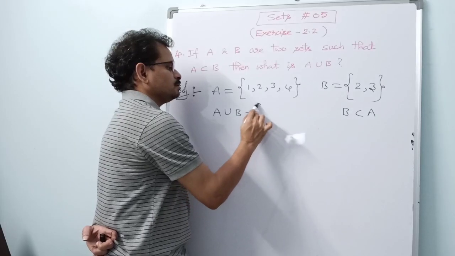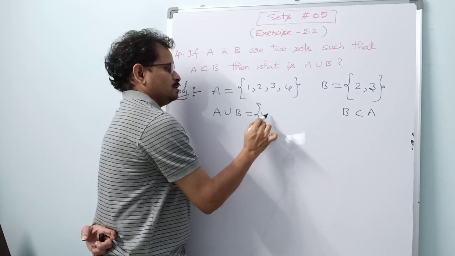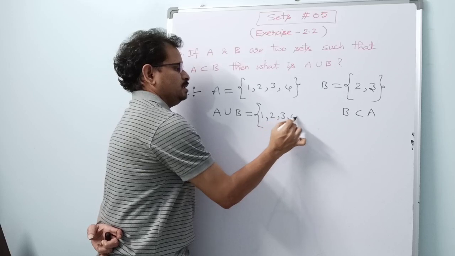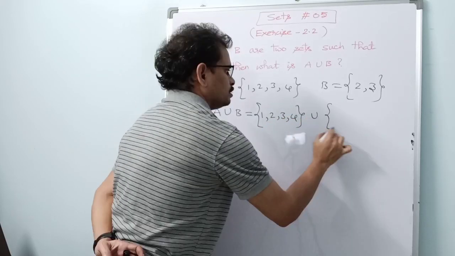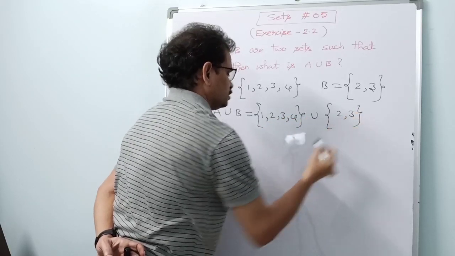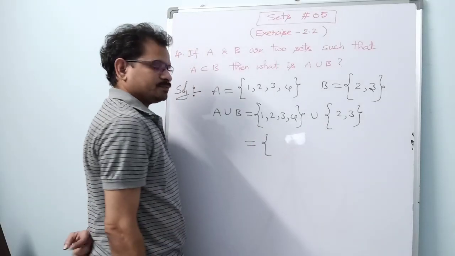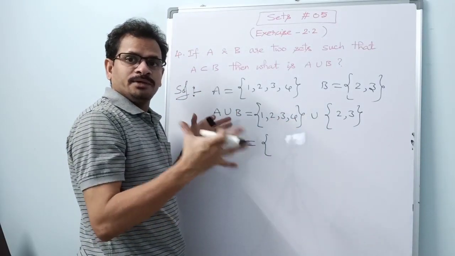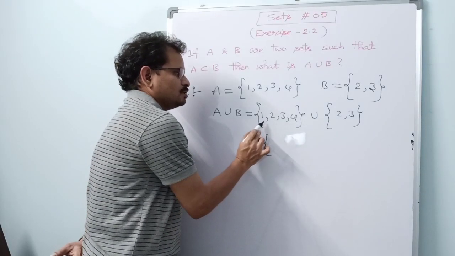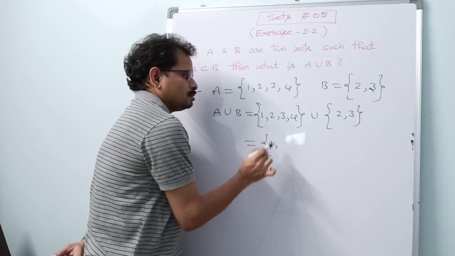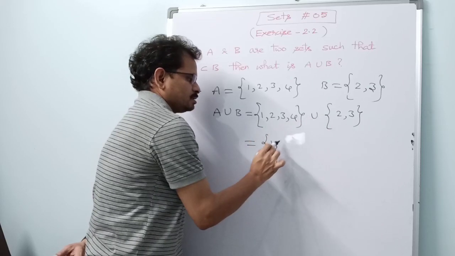Is equal to, see, 1, 2, 3, 4 union 2, 3. So this is equal to, union means all the elements combined into a single set. So now 1, 2 is there, 2 is there.